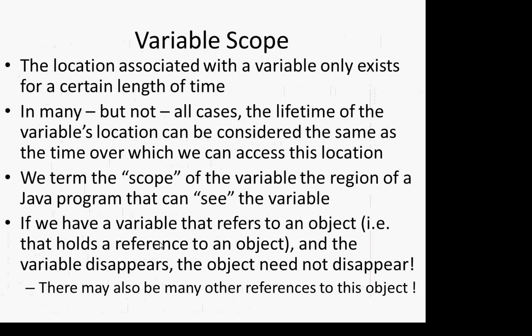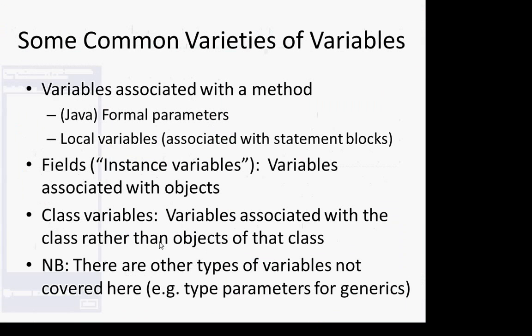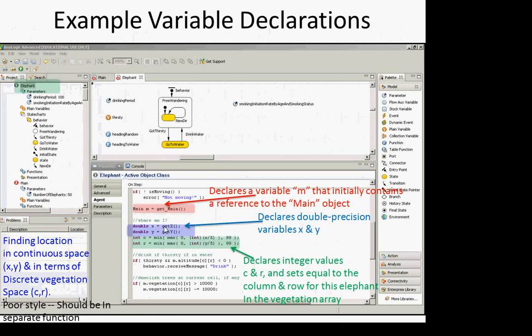Okay. The location associated with the variable only exists for a certain length of time. And we've talked about the scope of a variable, the region of the program that can see that variable. So for example, if we go back and we look at this code here, the scope that can see M, you can't see M up above this point. Only things after here can see M. So the scope of it is sort of all this subsequent place.